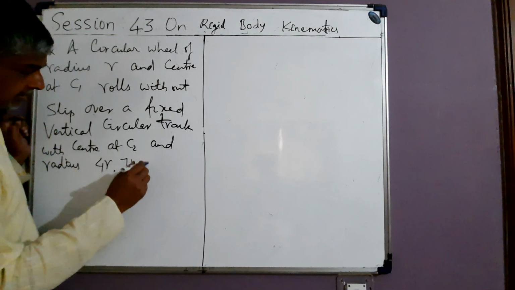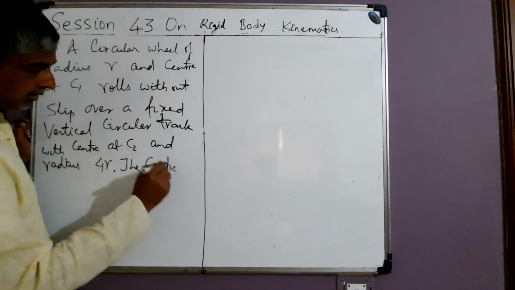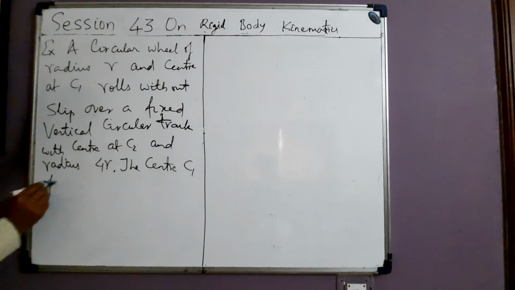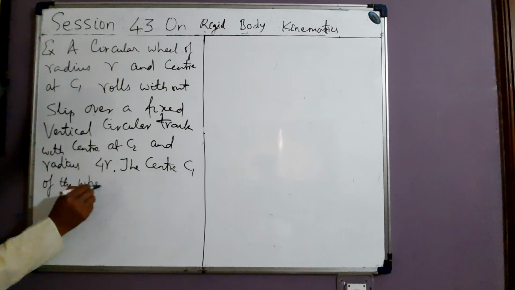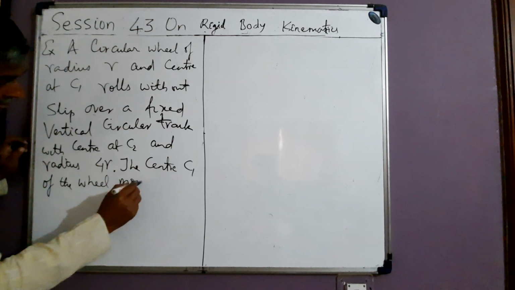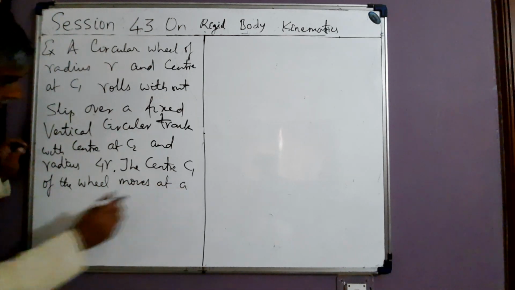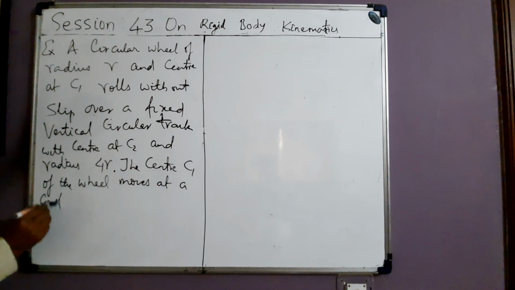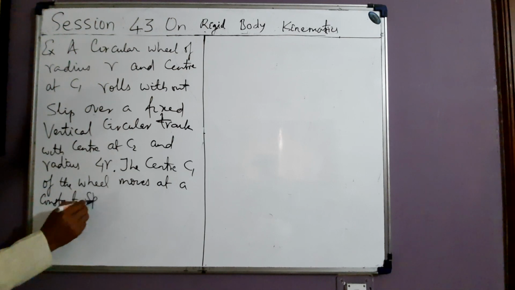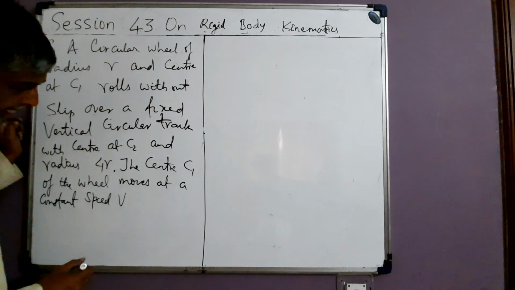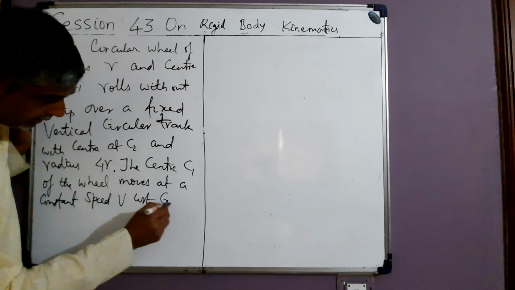The center C1 of the wheel moves at a constant speed v with respect to ground.